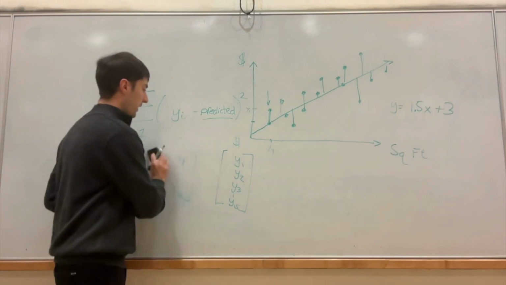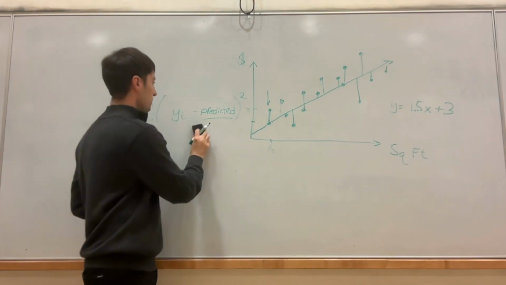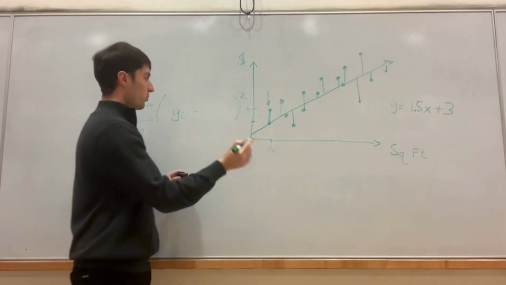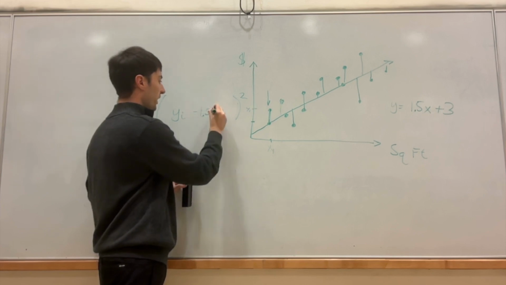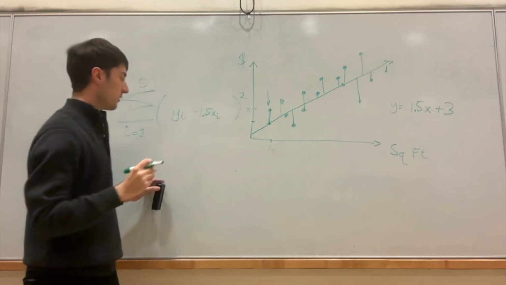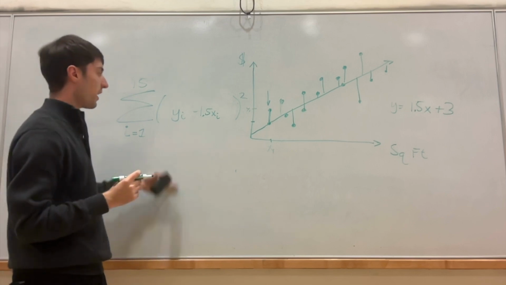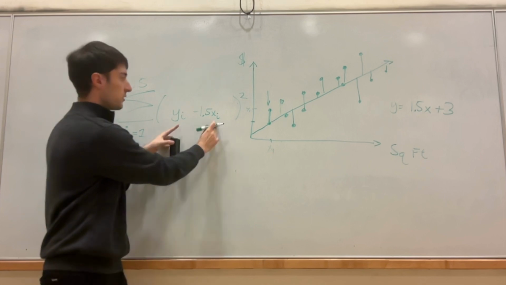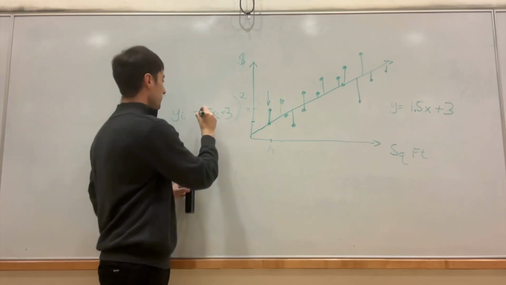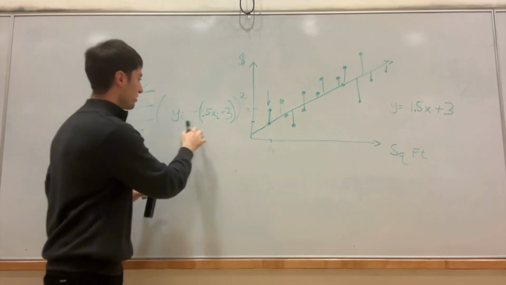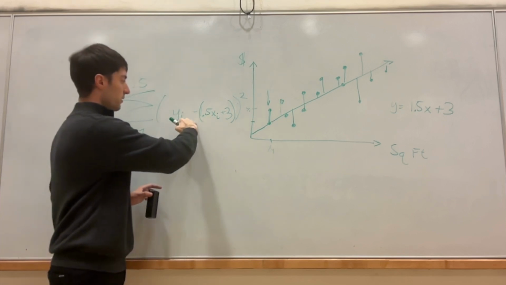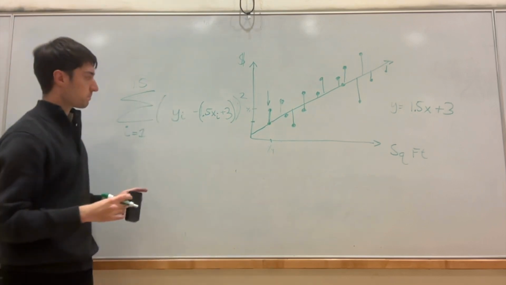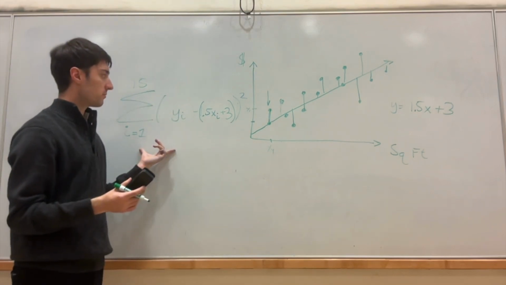So in this case, for predicted, if that's our equation governing the output, we would just have 1.5 x of i, the ith input corresponding to the ith output, plus 3, and this entire thing is going to be subtracted from the actual output. And that's our equation, okay?